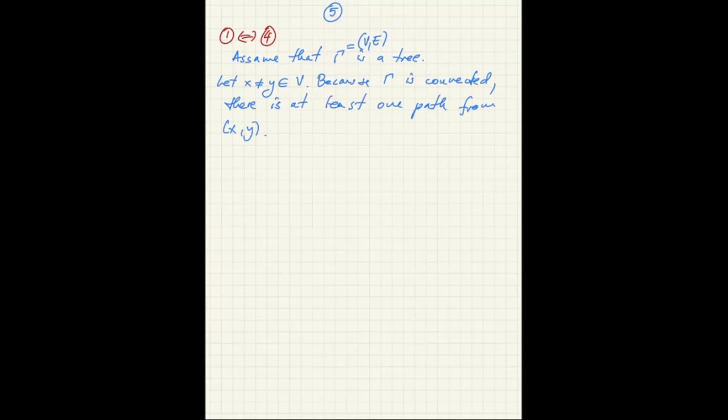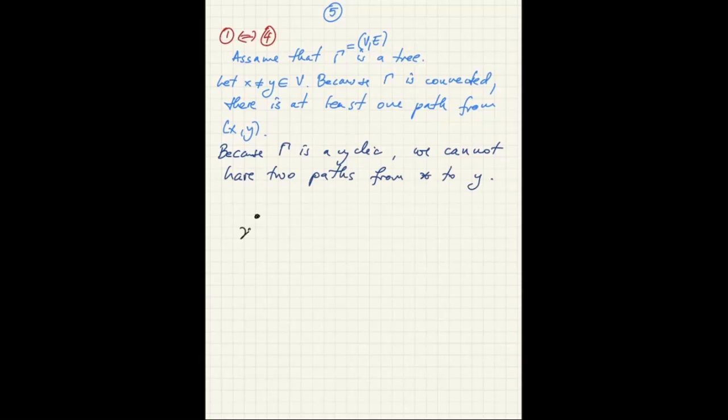And now here's the more subtle part of the proof: because gamma is acyclic, we cannot have two paths from X to Y. Why is that? Well, here's how it would work.